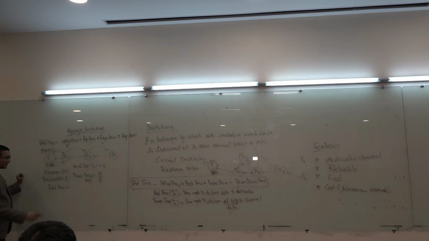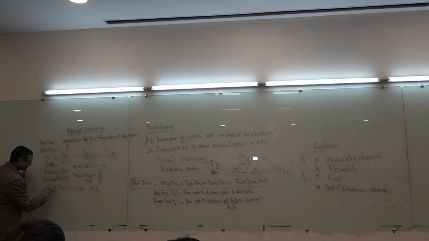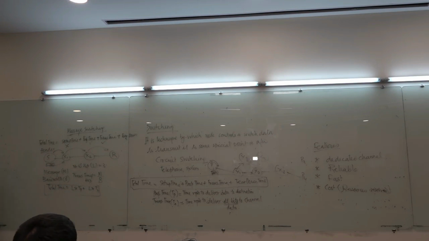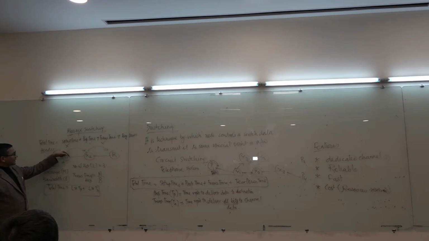So I can write a formula here: L into propagation time plus L into transmission time. This is the formula to be used in message switching. See, this is the number of hops, right? You are doing it again and again. You are doing it here, you are doing it again here, you are doing it again here. So it is multiplied by the number of hops.